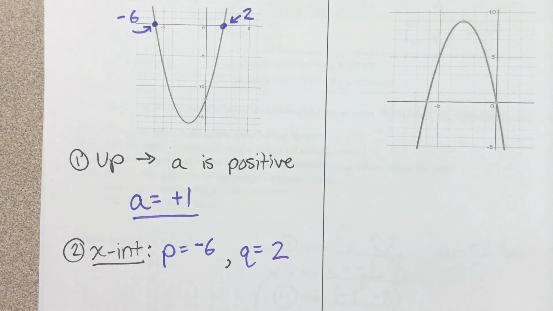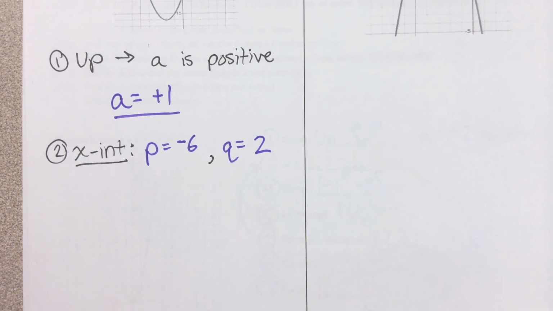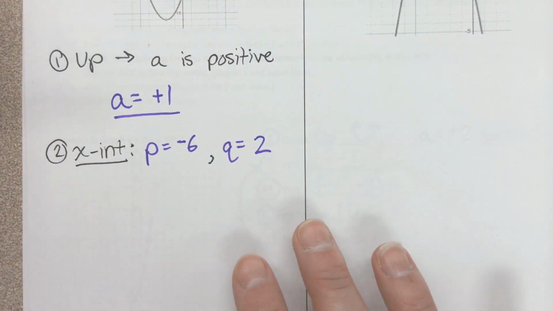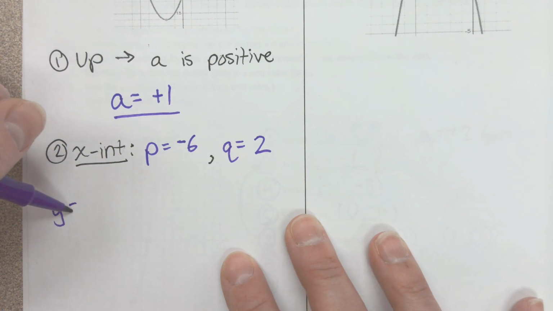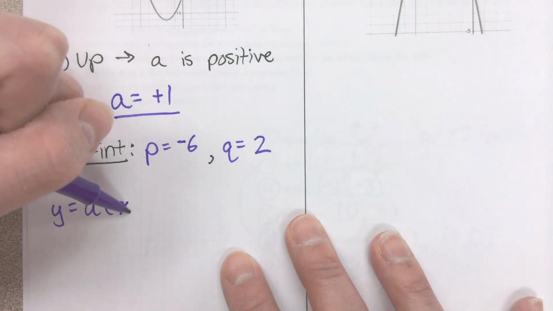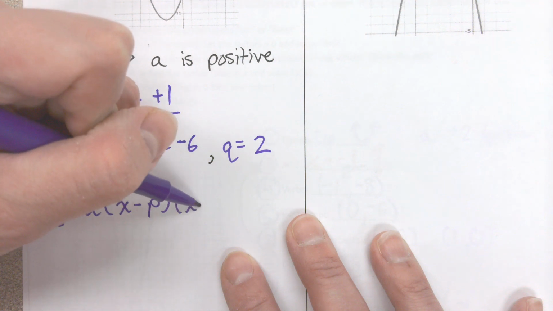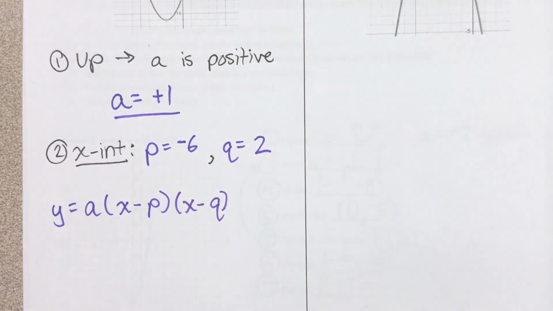Any questions on how I got the information before I put it all together? The final piece we need is that standard equation form, the general form. Y equals A times X minus P times X minus Q. Again, you don't have to memorize that. That is given to you.